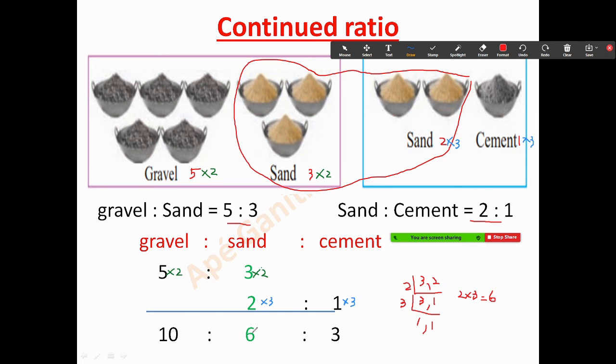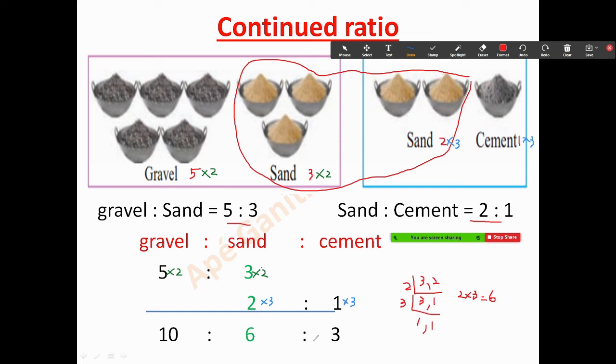So both are 6, so write 6 here. 1 into 3 is 3. So what is the combined ratio? 10 to 6 to 3. So what is the ratio of gravel to sand to cement? The ratio is 10 to 6 to 3.